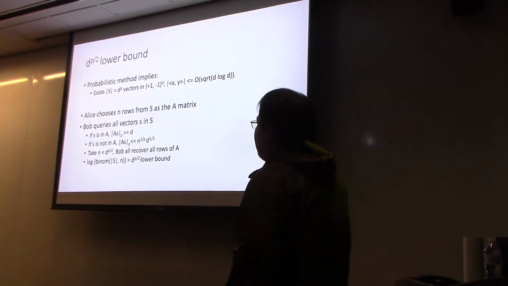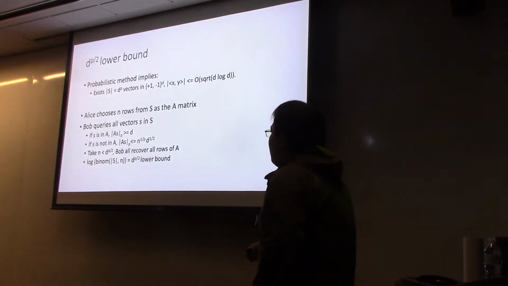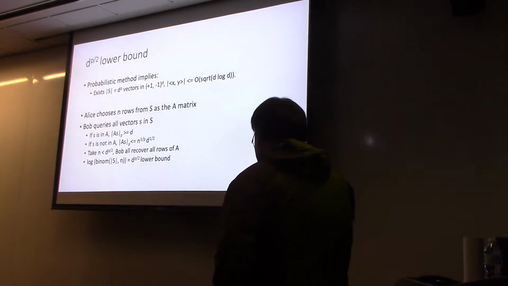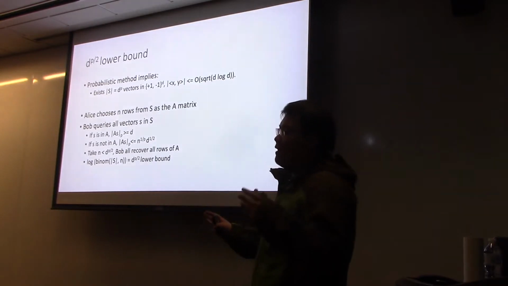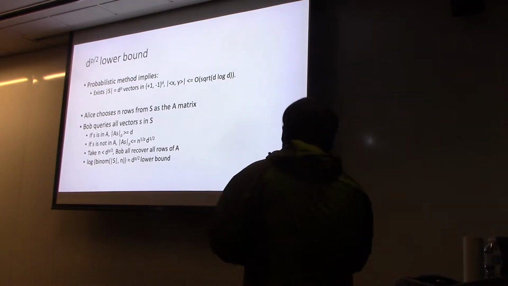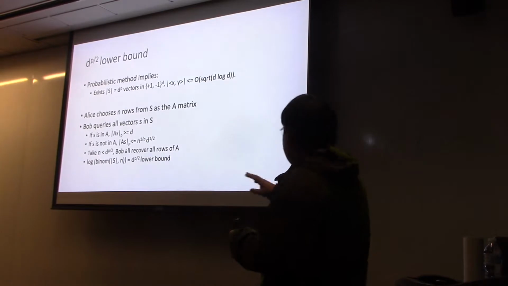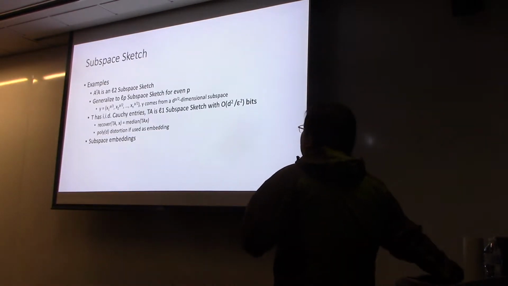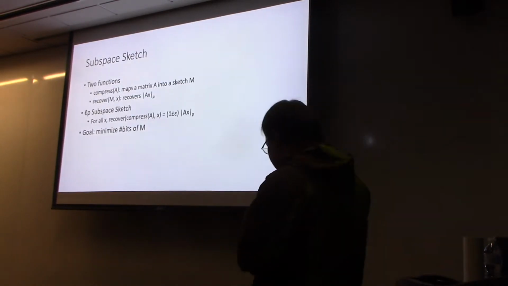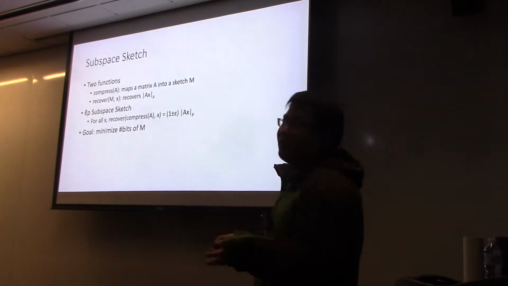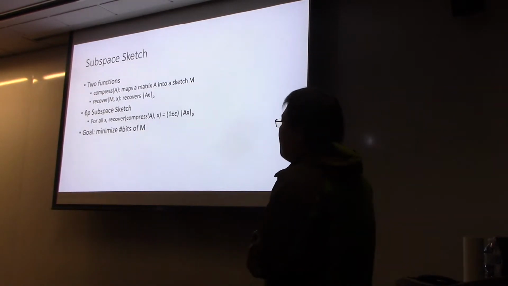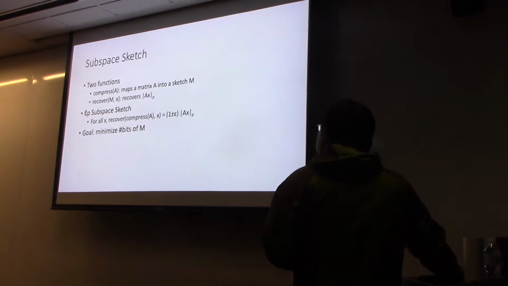Let's see why there's a communication lower bound. Let's consider the following case. Assume there are two players, Alice and Bob. Alice is the player who holds the A matrix. Recall that in the definition of the subspace sketch, there is an A matrix that you want to preserve the information about, and Alice is the one who has this A matrix.